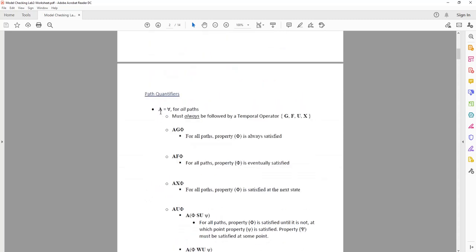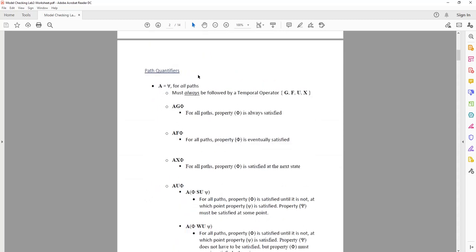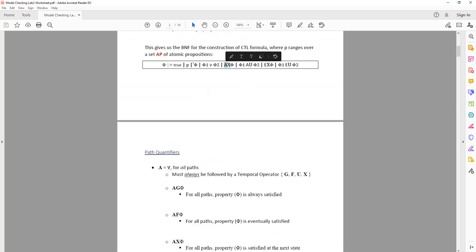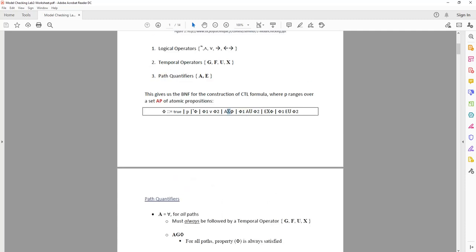So let's go through the path quantifiers. A, which you can also denote as an upside down A, or a V with a line going through it, means for all paths, so for every path. You'll notice that all path quantifiers are immediately followed by a temporal operator. You cannot have a path quantifier that doesn't have a temporal operator afterwards. You also cannot have a path quantifier with two temporal operators immediately following it.